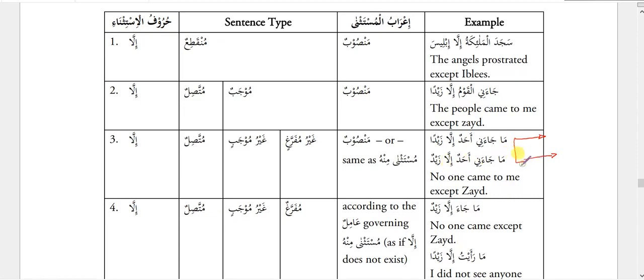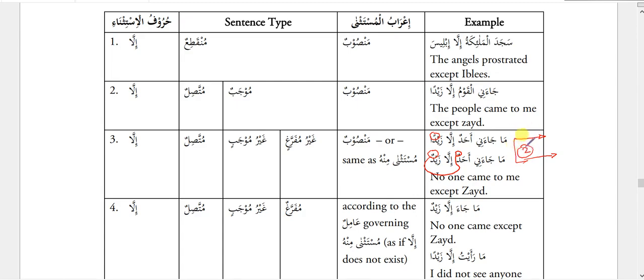The difference is that we have given two options here. Either put fatha on mustasna or put damma on mustasna. So why damma? Because it takes the i'rab of mustasna minhu, the i'rab of fa'il. In which sentence?